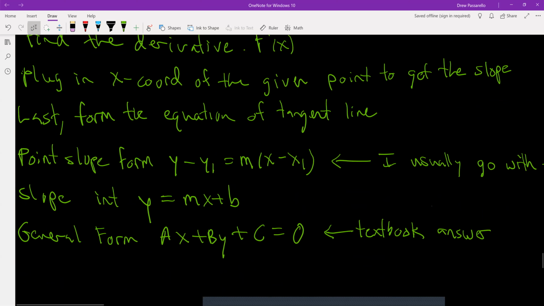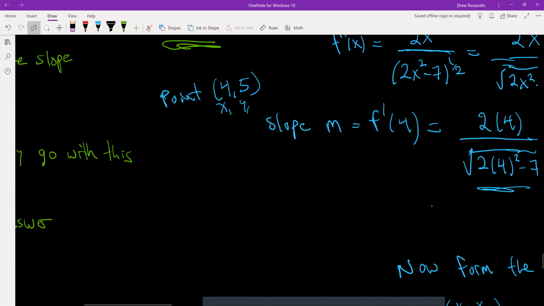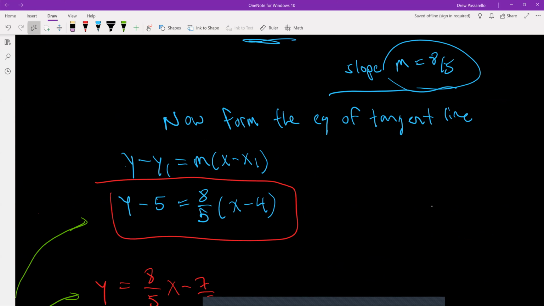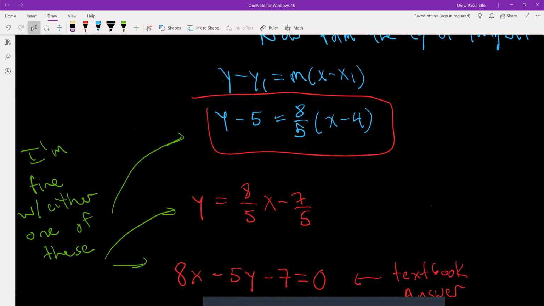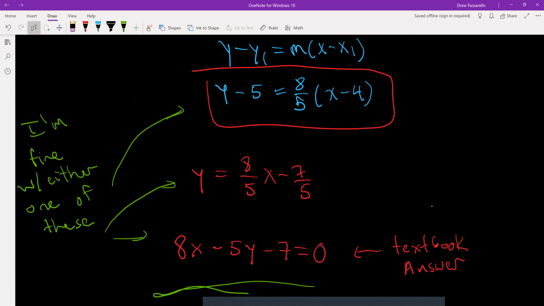And then the last thing is to find the equation itself of the tangent line. Point slope form is easiest because you just plug the coordinates in like right here, and then I'm done. That's the equation. You could rewrite this into slope-intercept form, and then rewrite that into general form. So all three of these are equivalent answers.